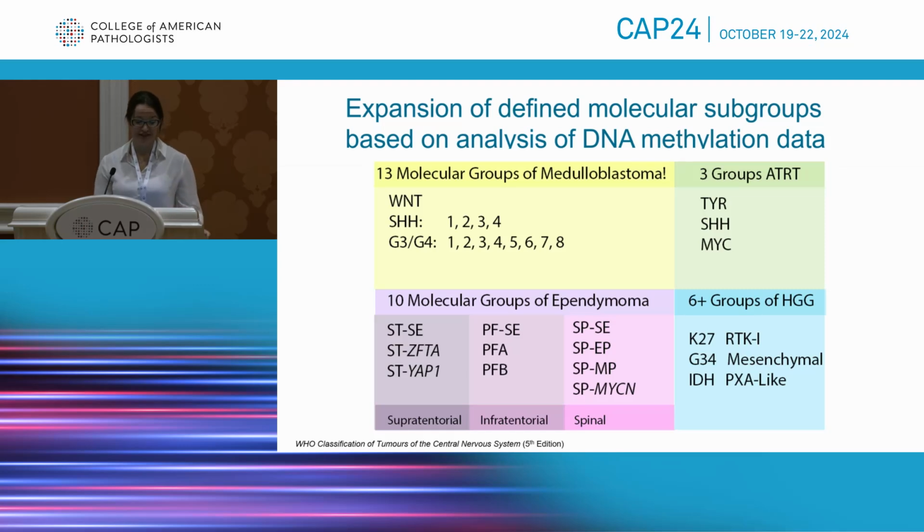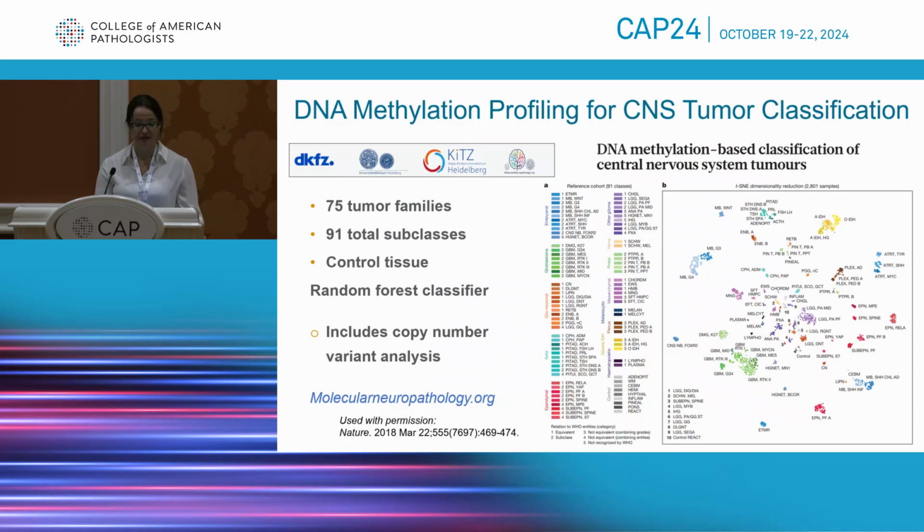We have 3 different ATRTs, over 6 groups of high-grade gliomas, and about 10 molecular groups of ependymoma. And it's interesting because for medulloblastoma, there is a difference in risk and outcome between the groups, and accurately stratifying the subependymomas, ependymomas, and myxopapillary ependymomas is also important because there are differences in treatment and prognosis.